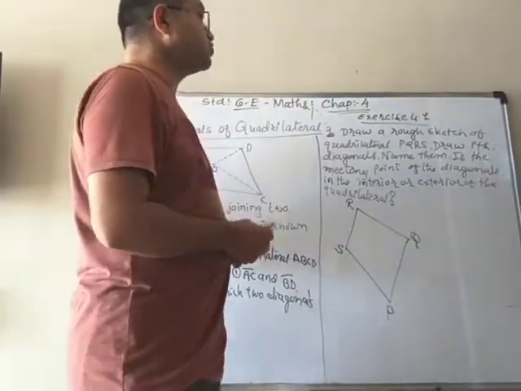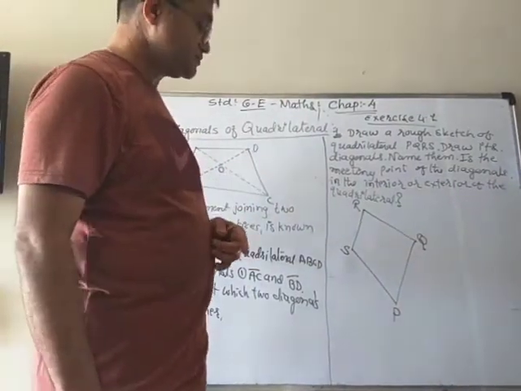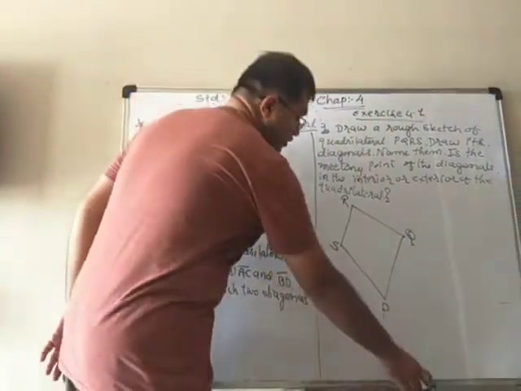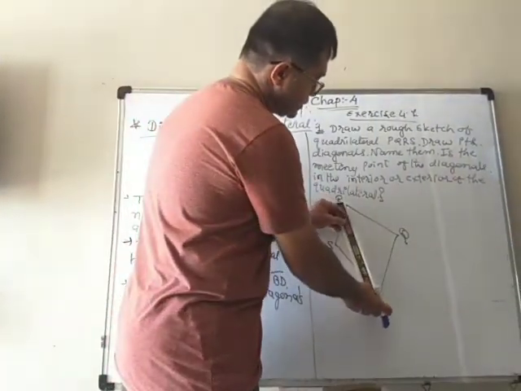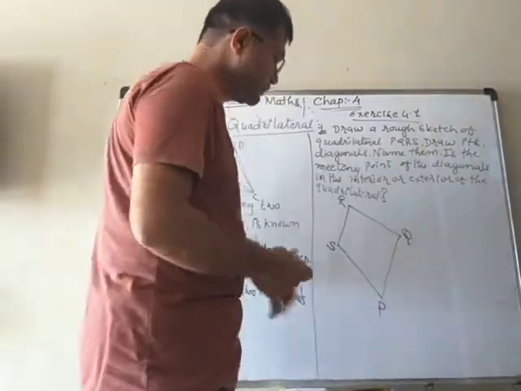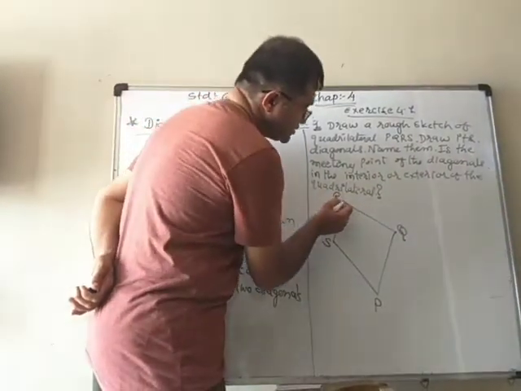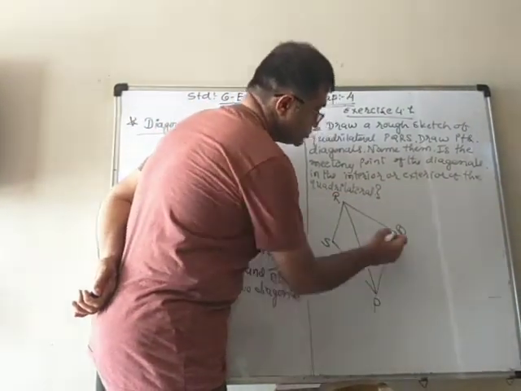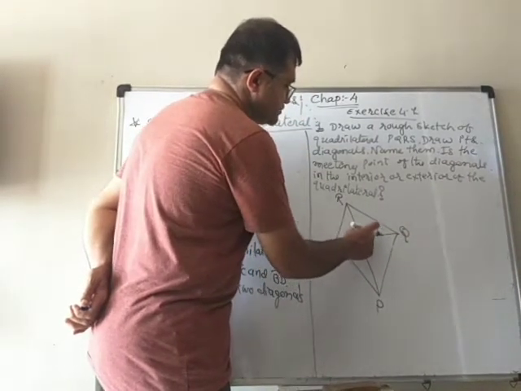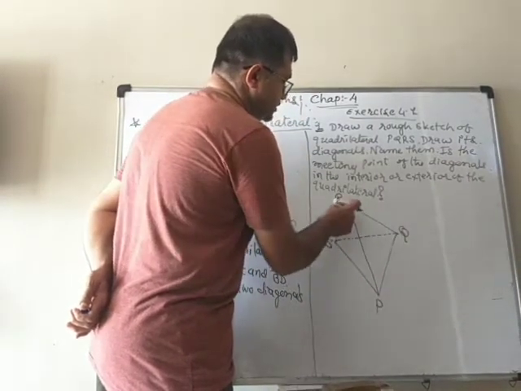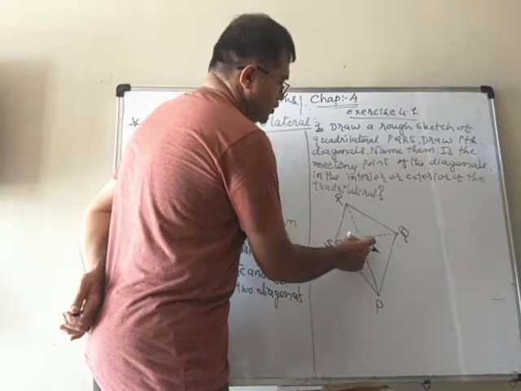Now we have to draw the diagonals. For diagonals, you have to join them like that, PR and QS, right? So you have to use the scale. And these are the two diagonals. Generally, we draw them with a dotted line, not necessarily.